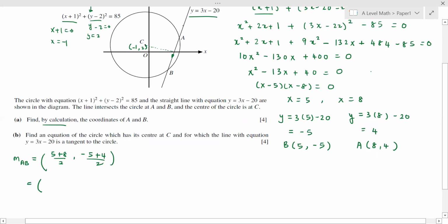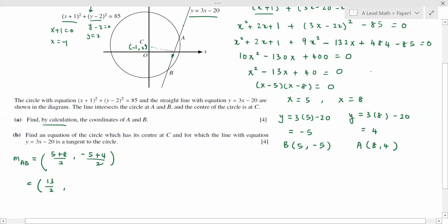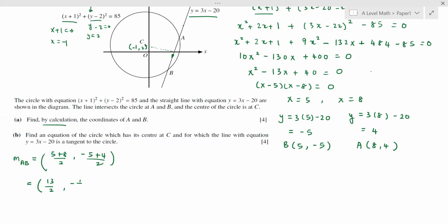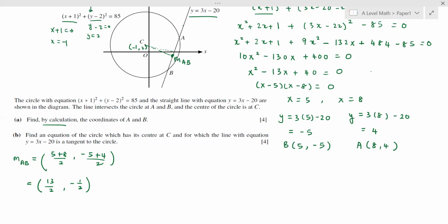The midpoint has a value of 13/2 for the x coordinate. The y coordinate is −1/2. So from here, this will give you the midpoint. We need to find the radius now. The radius is the distance between point C and the midpoint.